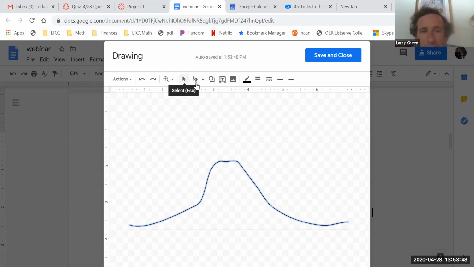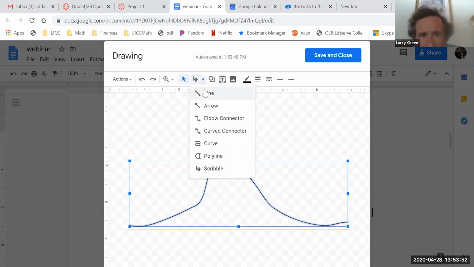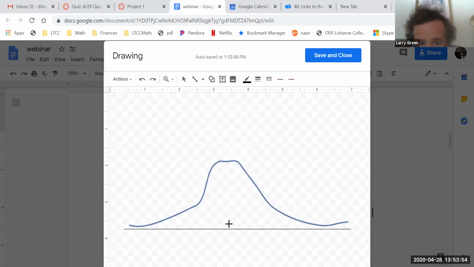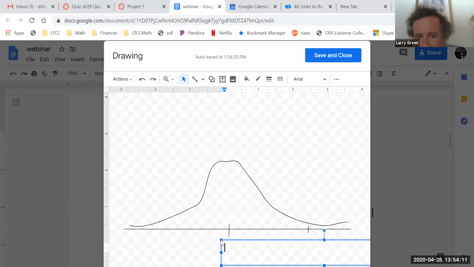So I'm going to draw some marks. I'm going to draw that one. Then I'm going to draw this one. And let's put some letters in. So that's 0. That's 3.